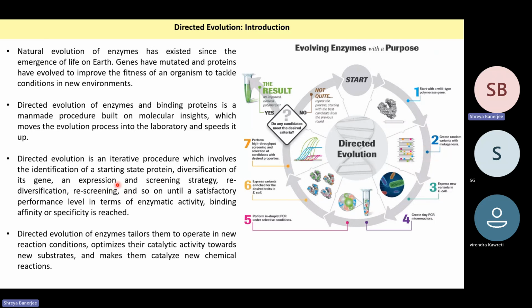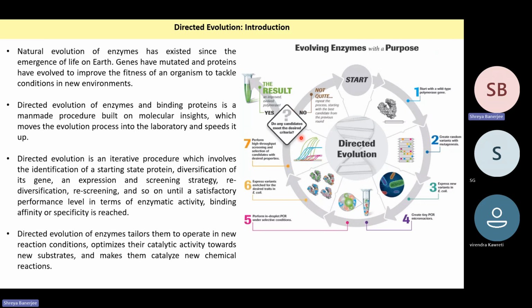Then the gene is expressed in an expression system like E. coli, and PCR can be used to amplify the DNA. It can be put in the plasmid and expressed in E. coli to get that particular mutated protein. And that protein can be screened for different functions.